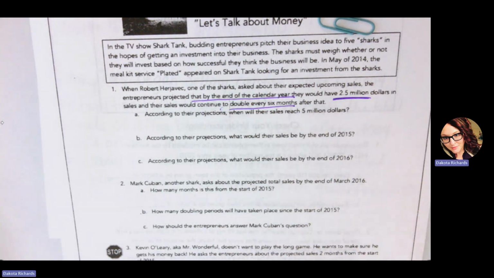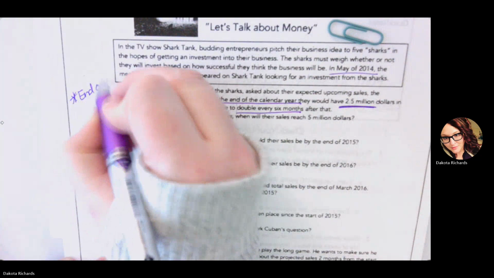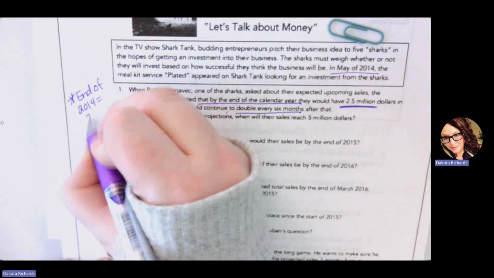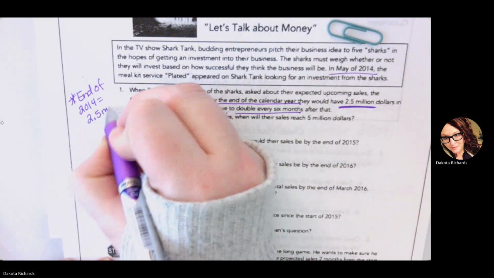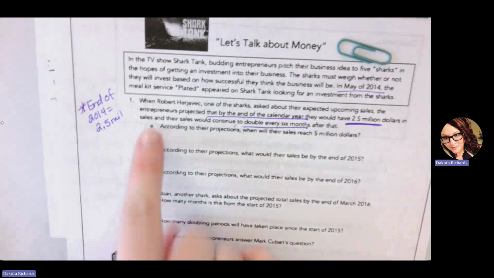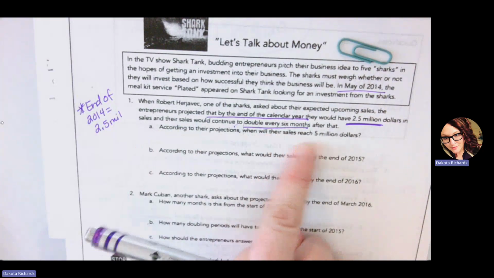All right, so if the end of 2014, I'm gonna make a little note, the end of 2014, they're gonna be at 2.5 million. It's saying, according to their projections, when will the sales reach 5 million?